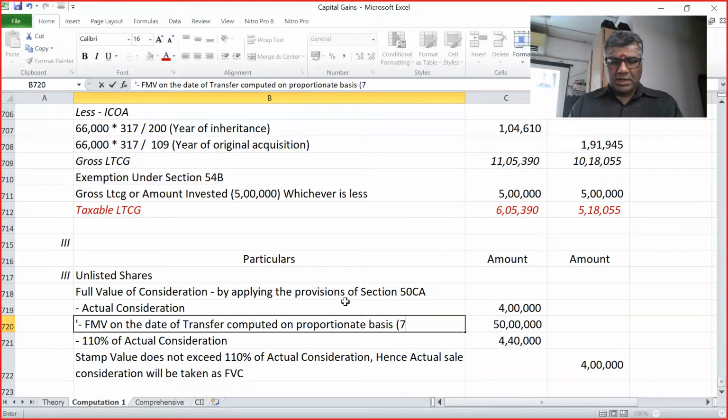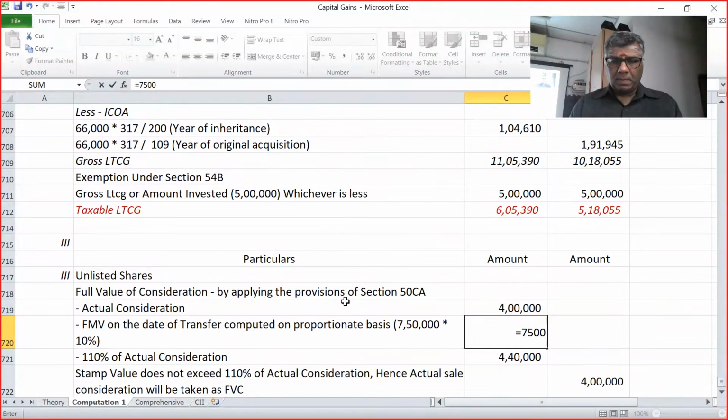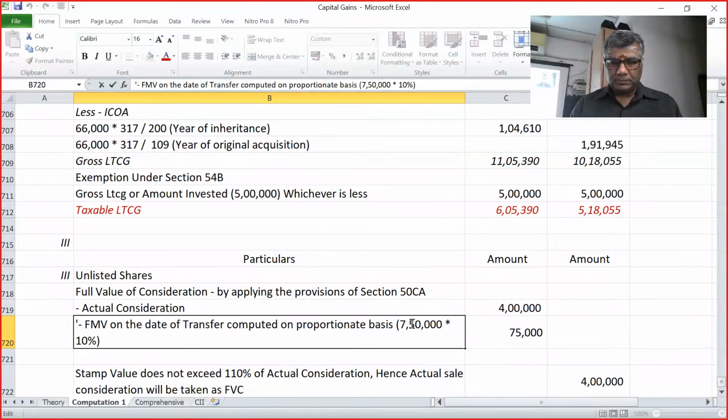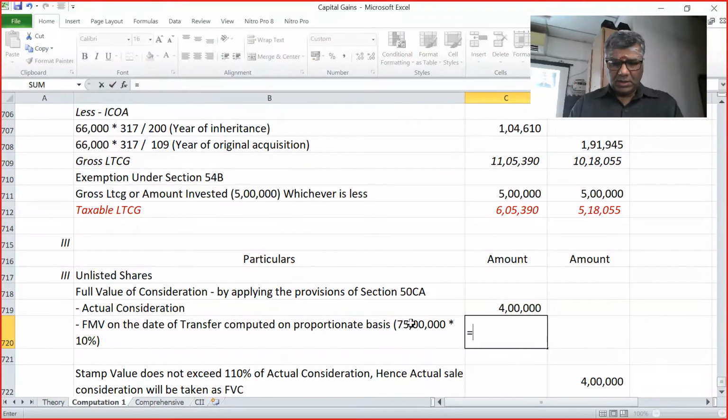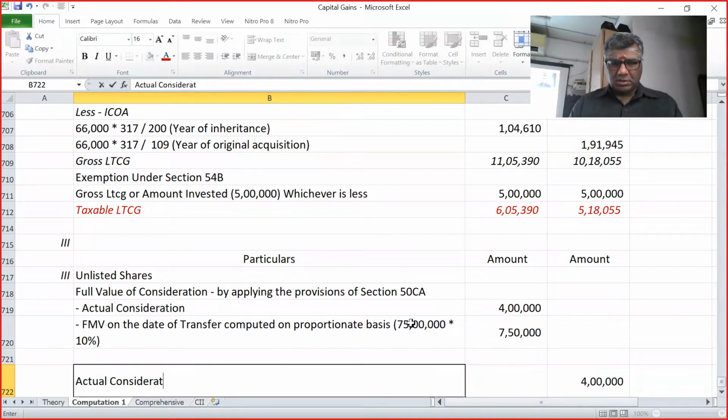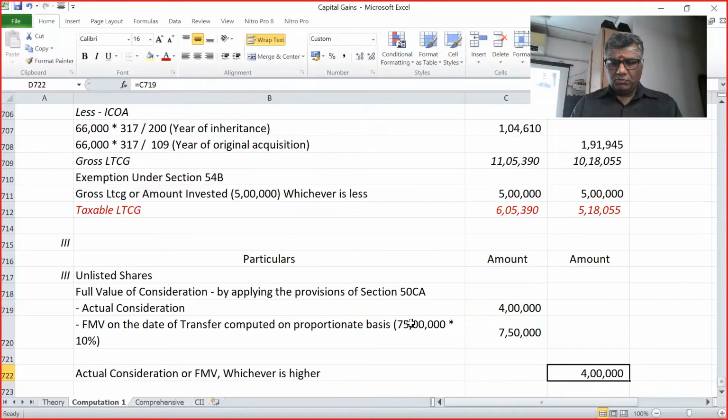So 75 lakhs into 10%. Actual consideration or FMV, whichever is higher.